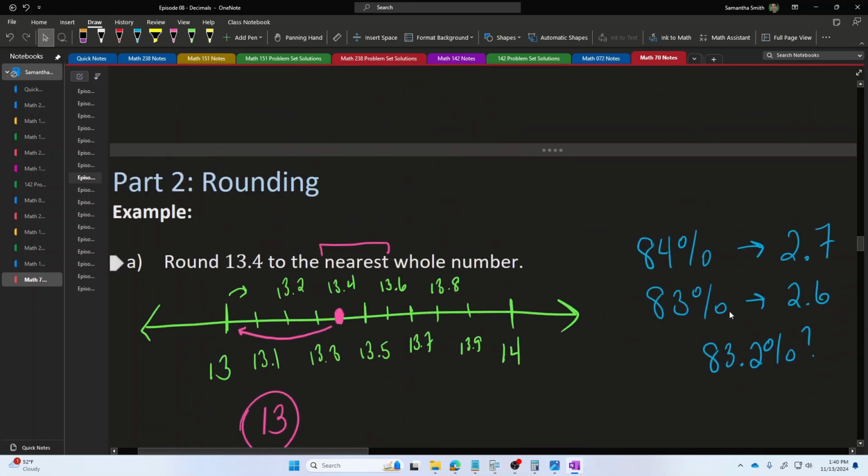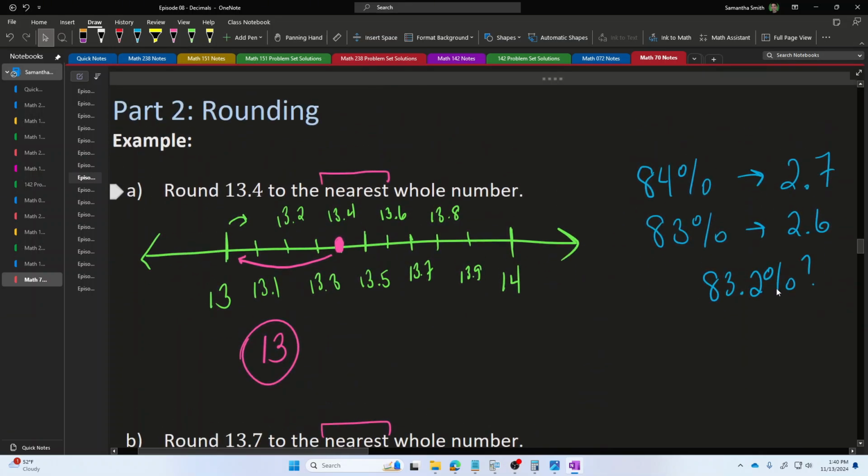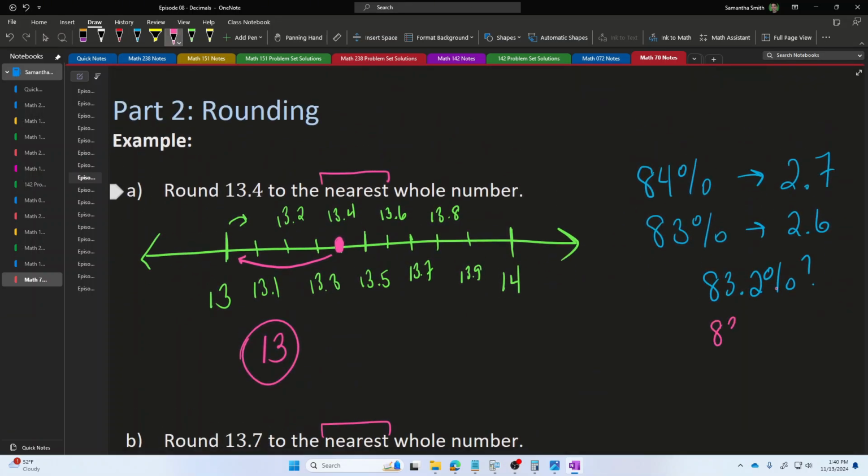Well, think about this in the context of a grade. If you were a student and you had a grade of specifically 83.5%, which would you prefer? Would you prefer your teacher to round your grade up to 84, or round your grade down to 83? Probably you would rather have the grade rounded up, and go up to the nearest whole number.